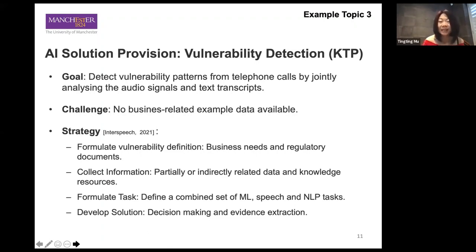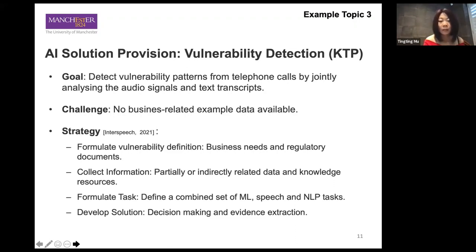We don't have labeled data, and no example data in their business context describing vulnerability patterns can be released to us. So what we have to do is analyze the business needs, their customer needs, and regulatory documents to manually formulate a vulnerability definition.